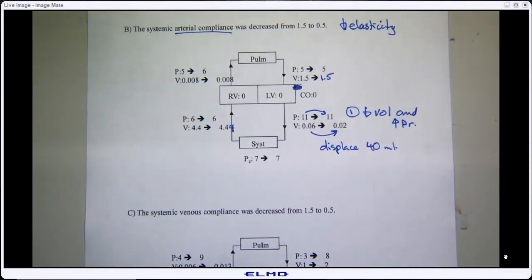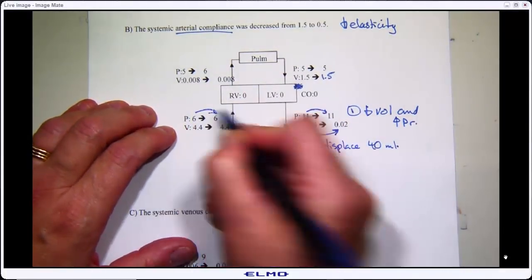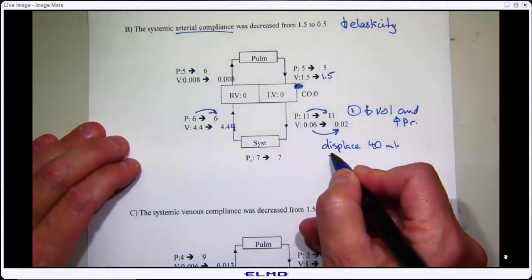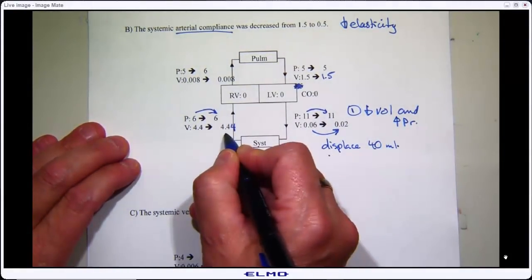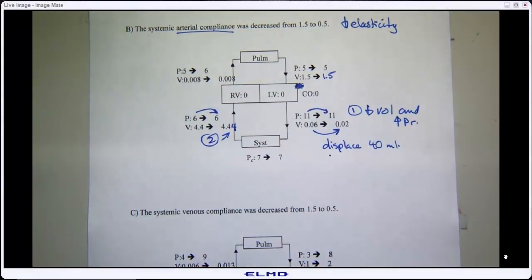And because it's in the veins, and the veins are such a high volume, low pressure system, 40 mils went over into this compartment with really very little, with no change in pressure, right? Because it's such an elastic compartment. Okay, so the displaced 40 mils went here. Just so you know where we were arguing, the displaced 40 mils went there.